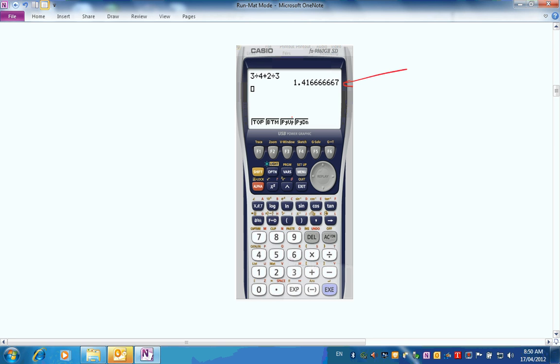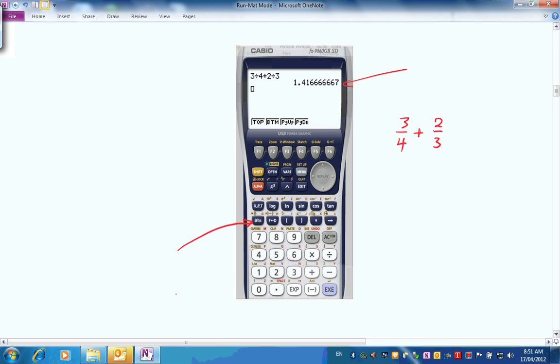I want you to do the same calculation, but entering it in a slightly different form. So we're going to do the same thing again, 3/4 plus 2/3, but the way in which we're going to enter the fractions will be different. Okay, so we're going to use this key here, the fraction key.